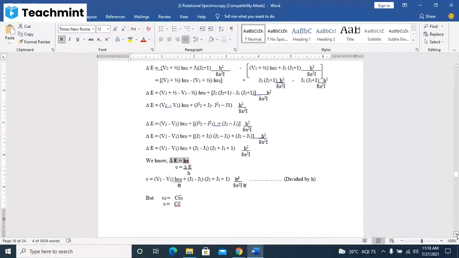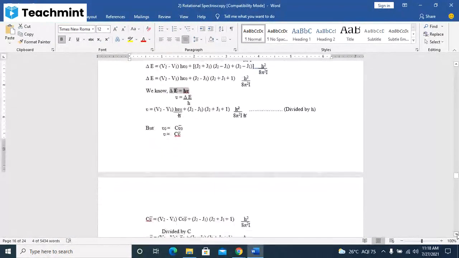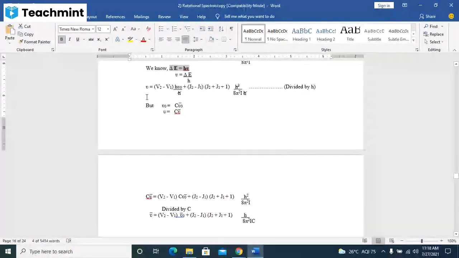Then you can take this particular thing over here. Instead of this nu, you can take c nu bar. Instead of nu 0, you can take c nu 0 bar. Here, this is the frequency and this is the wave number. What is the difference between the frequency and the wave number? Here, we are going to multiply the wave number by the speed of light. It will give you the frequency.